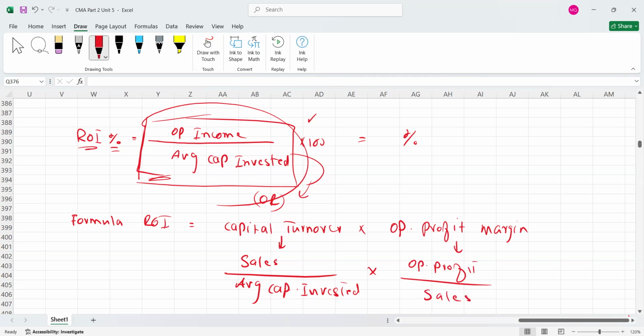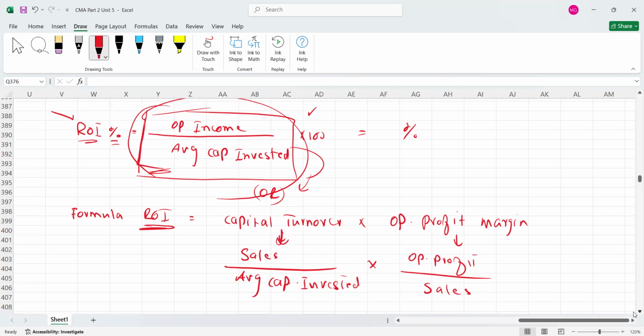Now see, this way he can also write it. Return on investment can be calculated this way also. He can write capital turnover multiplied by operating profit margin. Capital turnover can be written as sales divided by average capital invested, and operating profit margin can be written as operating profit divided by sales.